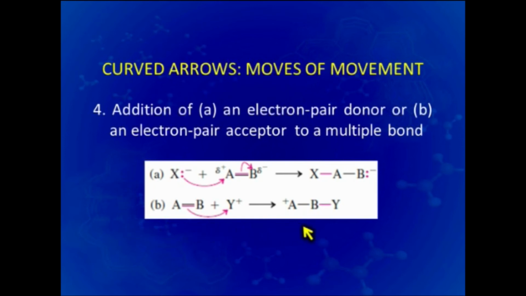In one case, depicted as A, we have an electron pair donor giving to the one which is electron deficient, while in this particular case the double bond, which is electron rich, gives electrons to a positively charged species, leading to the formation of a bond and the product in these reactions.